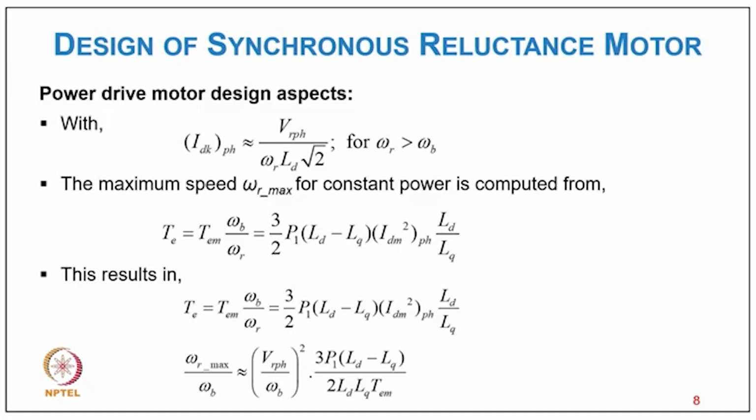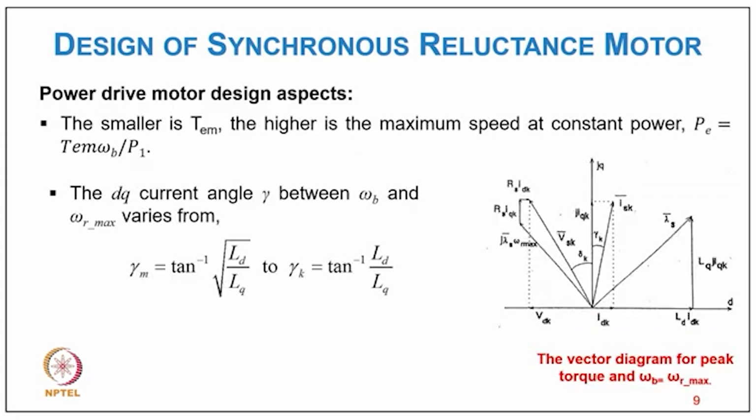Your omega r max upon omega b will be equal to Vr per phase divided by omega b squared into 3 p1 (Ld minus Lq) upon 2 Ld Lq into Tm. So, the smaller the Tm, the higher is the maximum speed at constant power.